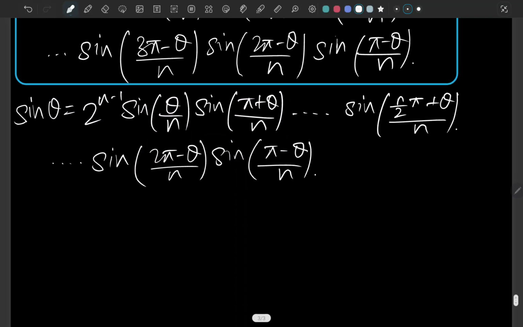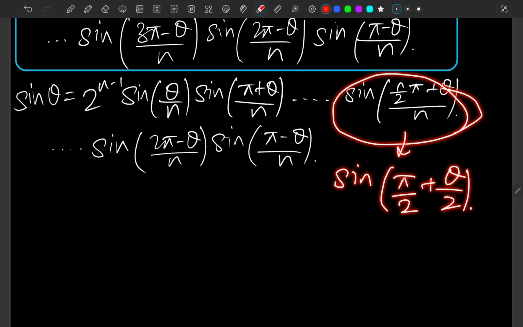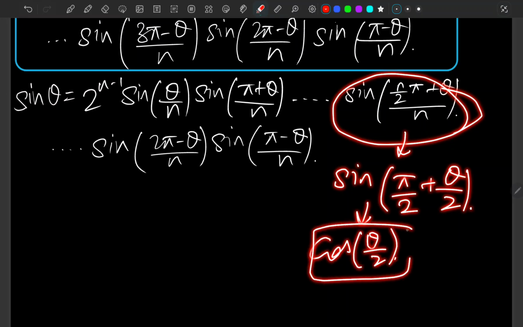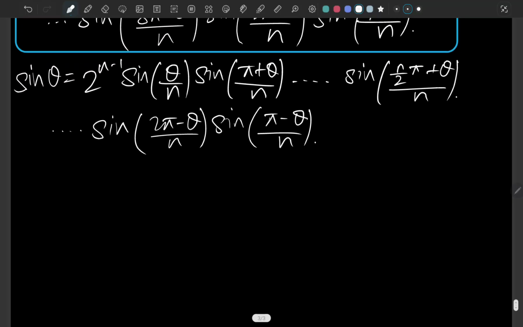Okay, so now why did I introduce this one here? We can write this as sine of pi over 2 plus theta over 2. And what is it? It's the cosine of theta over 2, right? So let's use that over there for a little bit.